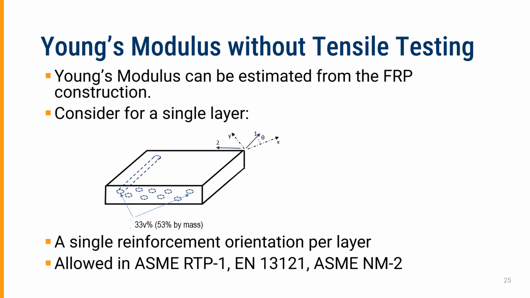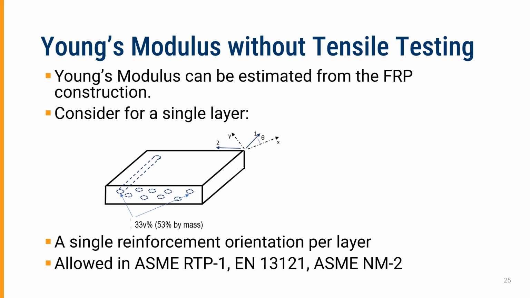Now the equipment that this is going into is oriented where the principal directions of the equipment are X and Y, which are rotated at some angle away from the other axes. There's a single reinforcement orientation per layer, as I mentioned.